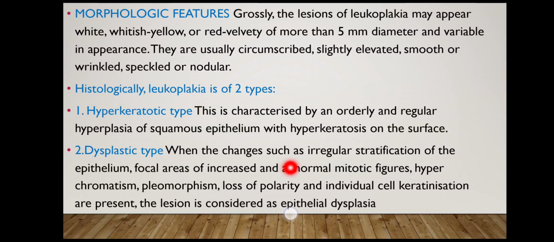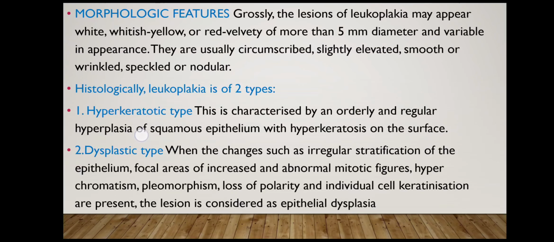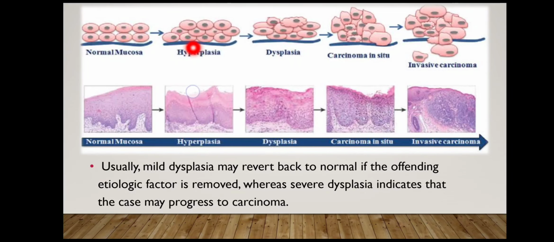Dysplastic type is when changes such as irregular stratification of the epithelium, focal areas of increased and abnormal mitotic figures, hyperchromatism, pleomorphism, loss of polarity, and individual cell keratinization are present. So dysplasia is nothing but disordered or abnormal development. Normal mucosa might undergo hyperplasia because of increase in the layers, and then it can undergo dysplasia with disordered or abnormal development.